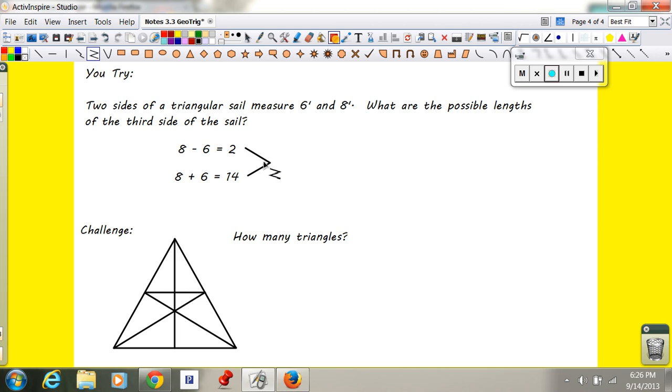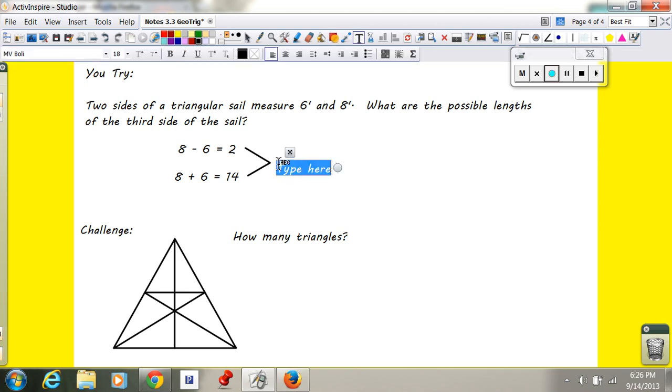Our third side has to be somewhere in between these two numbers. So we would write that as an inequality. We would say 2 is less than x is less than 14. And all that tells us is that this x, this third side, has to be somewhere in the middle of those two numbers. It's got to be greater than 2, it's got to be less than 14.